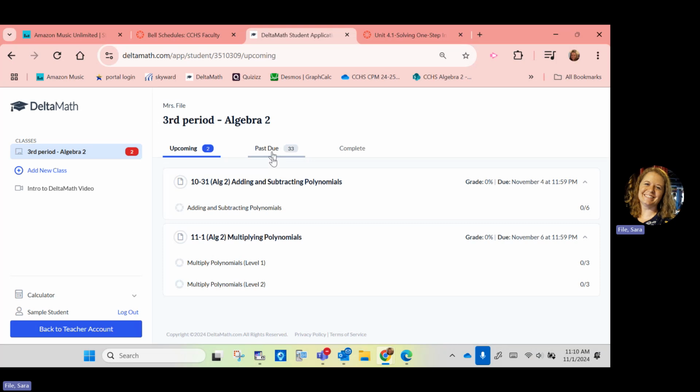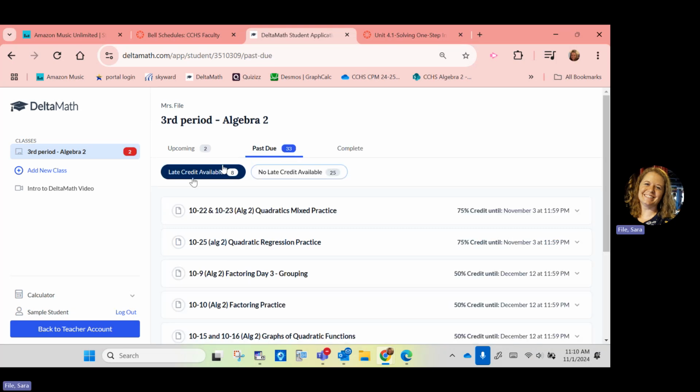Now, if anything shows up under past due, where it says late credit available, that means you haven't finished it. Anything here is from the last unit, unit 4, that we just tested on. The most recent 2 are still at 75% credit through this weekend. That's Sunday night. So you can still go back and finish these for 75% credit through Sunday.